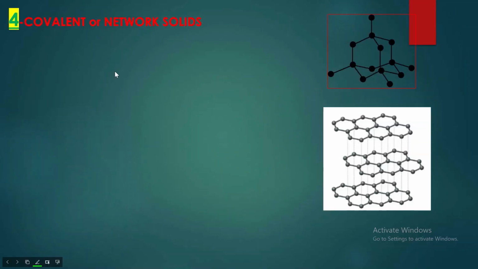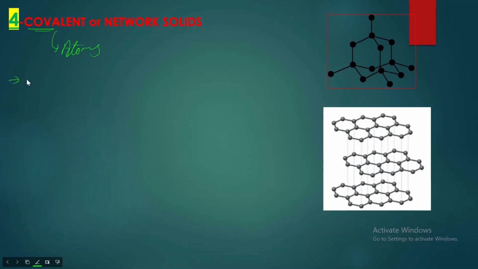Now the last classification of crystalline solids is covalent or network solid. Here covalent, what do you remember from covalent? Covalent bond. And where do we see the covalent bond? In atoms. So here constituent particles are atoms, or we can say that atoms are bonded or linked by covalent bonds.